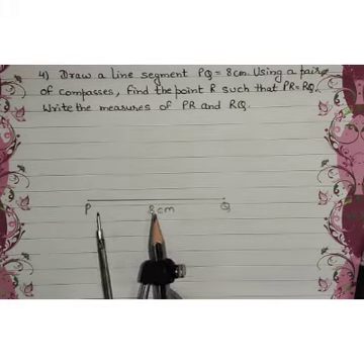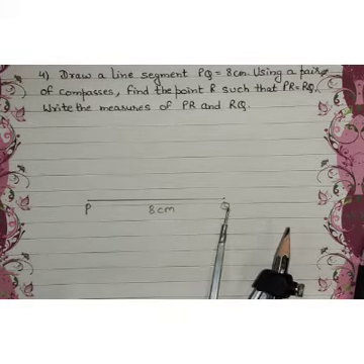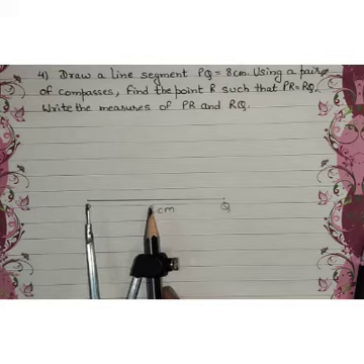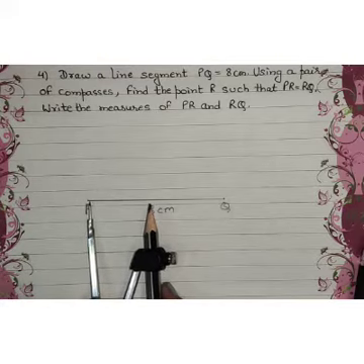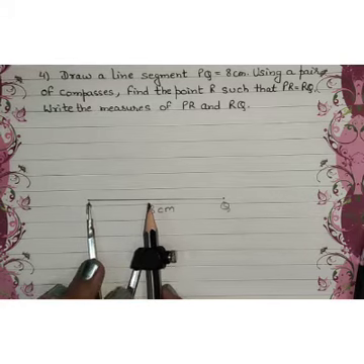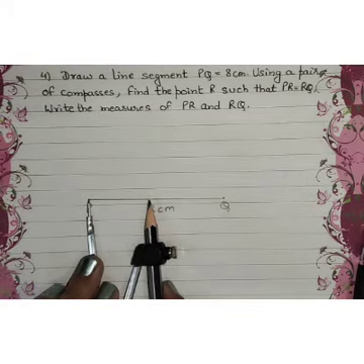To draw the perpendicular bisector of PQ, we take P as center and radius greater than half of PQ. PQ is 8 cm and half of 8 is 4 cm. So we will take a radius more than 4 cm.